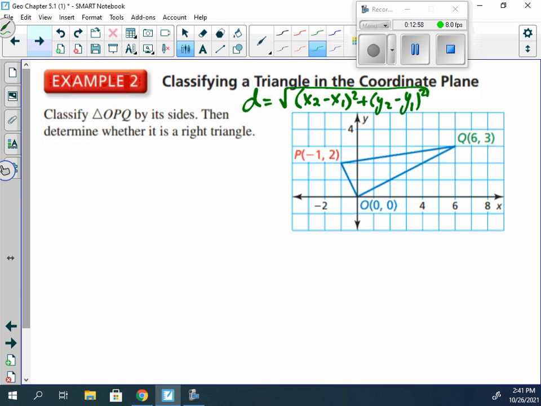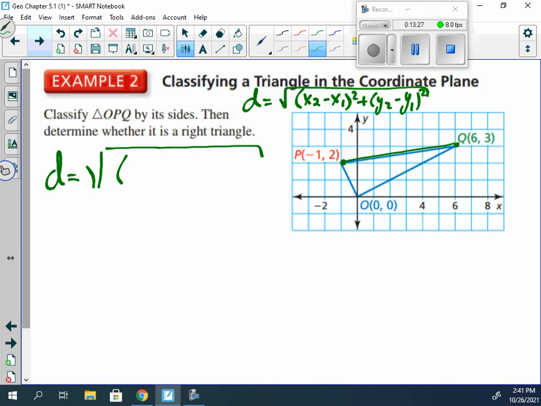The two x values go together, the two y values go together. So again, when we're using this formula, we really want the x values together and the y values together. That's the main thing when we plug it in.